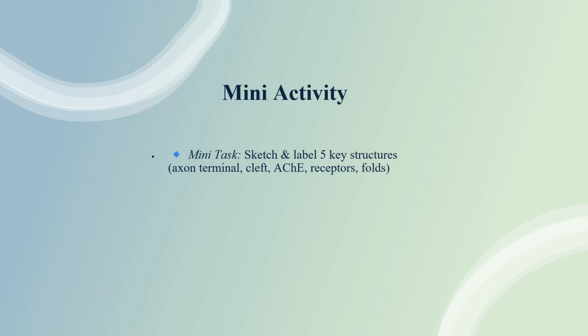So let's take some time to do a mini activity. Draw, label, and explain. Take 1 minute now to sketch the neuromuscular junction. Label 5 key structures: the axon terminal, the synaptic cleft, the junctional folds with nicotinic receptors, acetylcholinesterase in the basement membrane, and the direction of calcium and sodium flow.